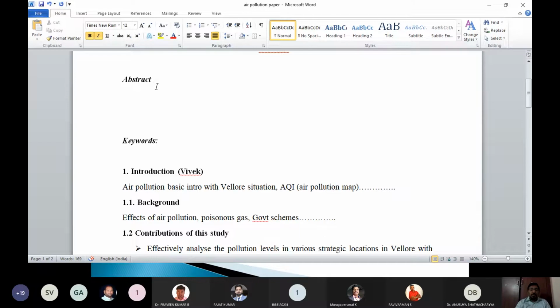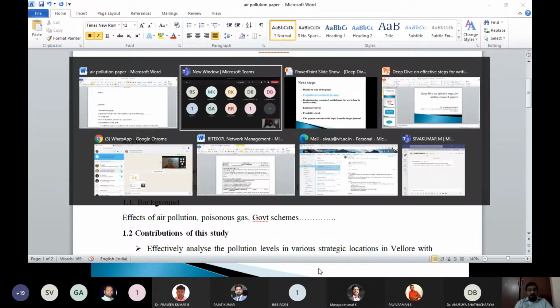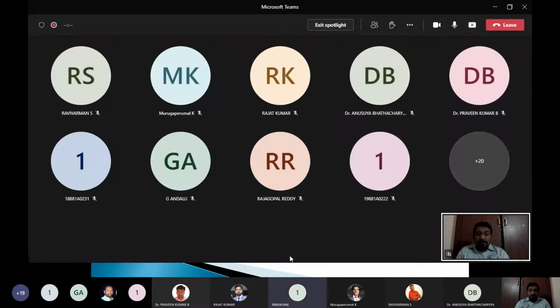How do you judge that? Any inputs? So the abstract describes that we have a clear intention on the topic which we are writing, sir.